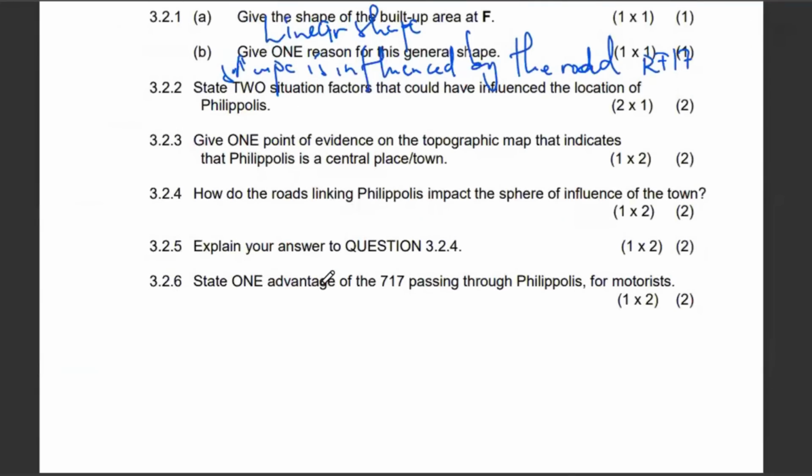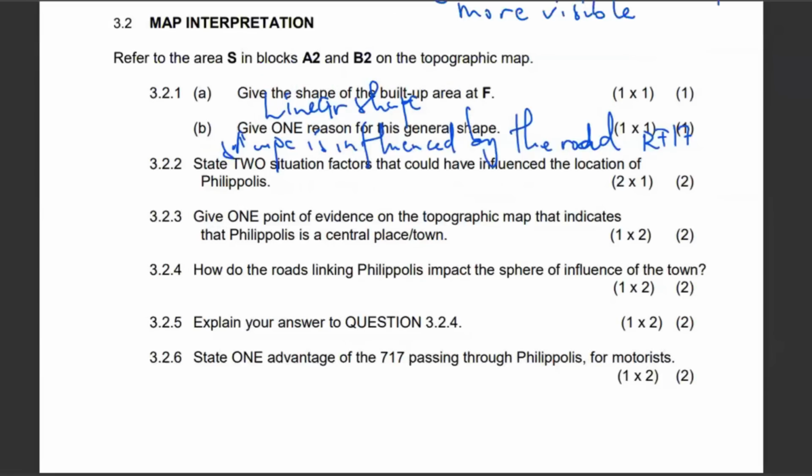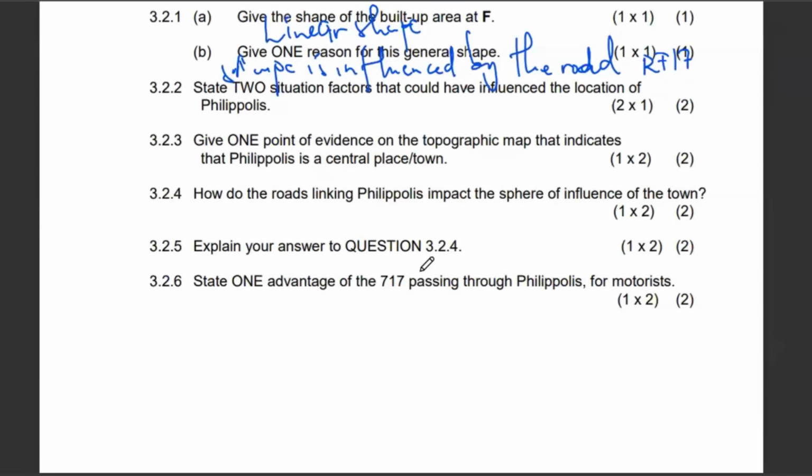Why do the roads linking Philippolis impact, how do they impact on the sphere of influence of the town? Remember we said the sphere of influence is an area from which a settlement attains people supporting services there. Where do we get people supporting our services? It is the sphere of influence.